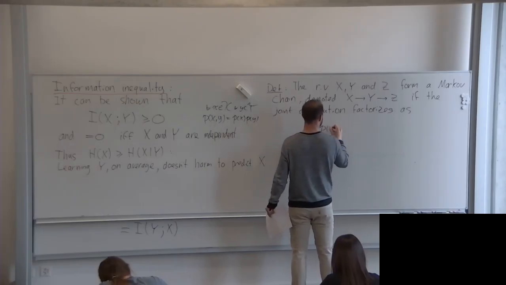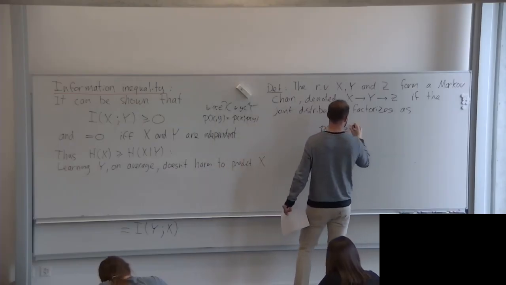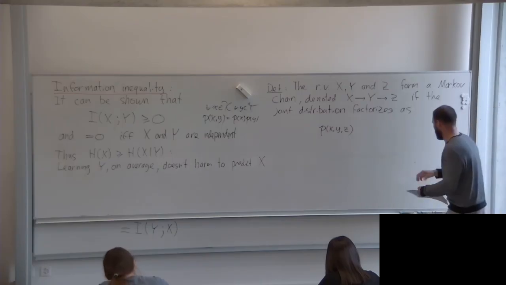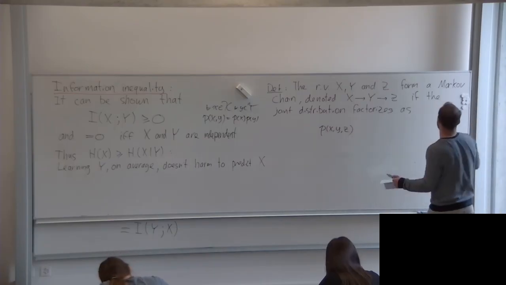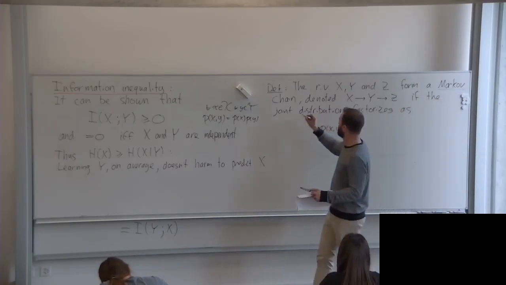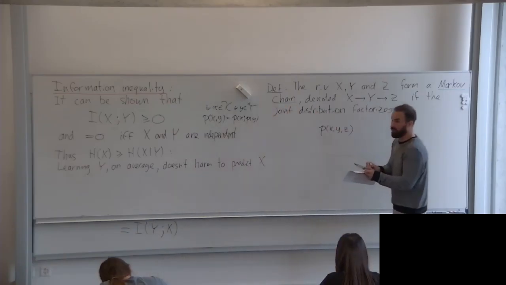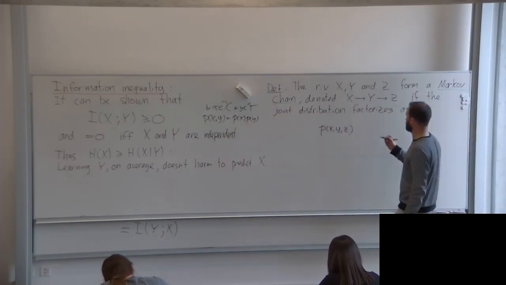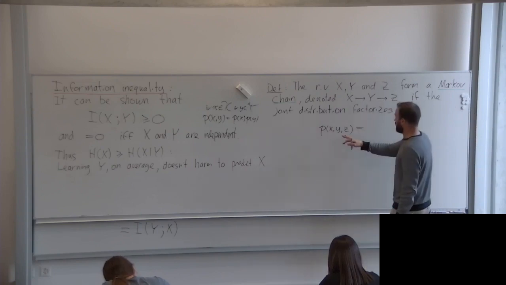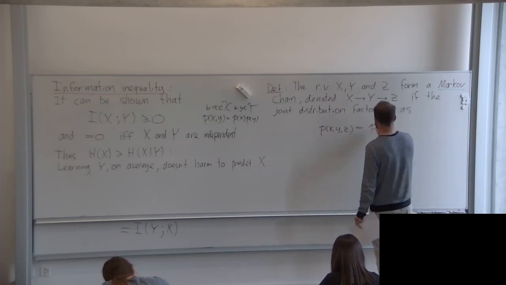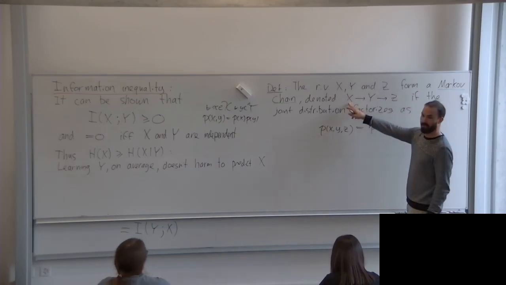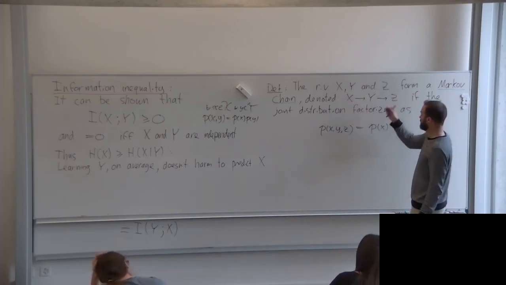So we've got P of x, y, z, that's the joint distribution. We have three random variables which are claimed to form a Markov chain. The notation is really helpful to understand what's going on. It's P of x, so you can think of x as being a first random process.